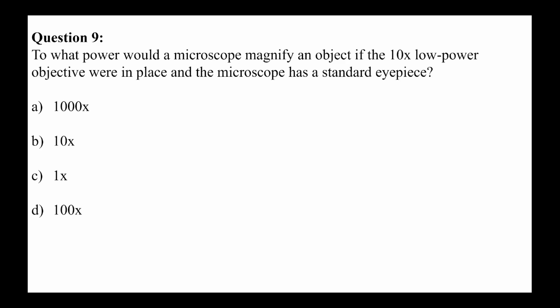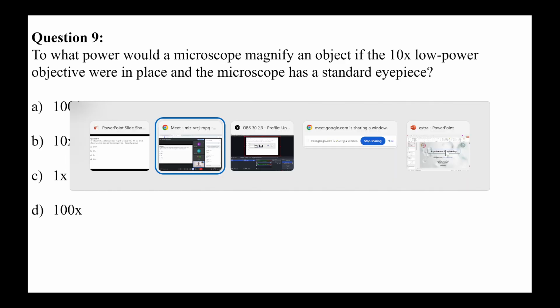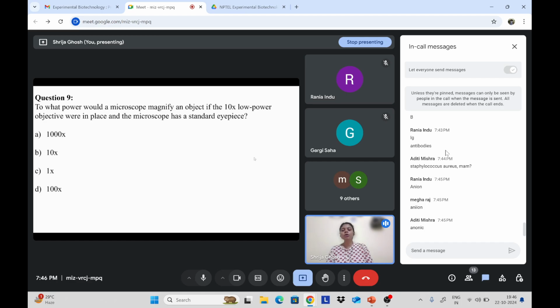To what power would a microscope magnify an object if the 10x low power objective were in place and the microscope has a standard eyepiece?